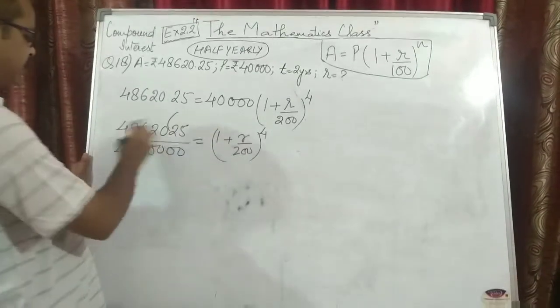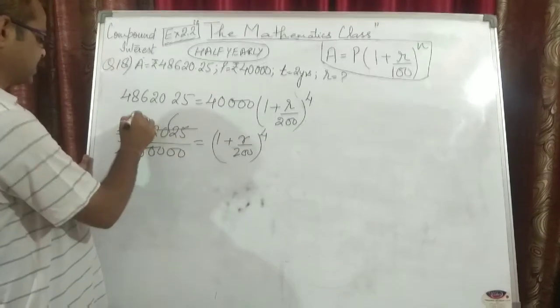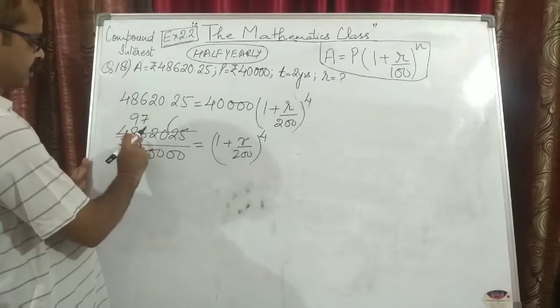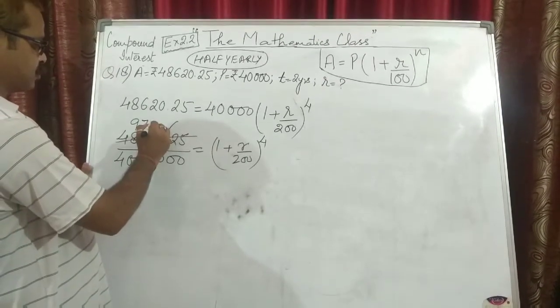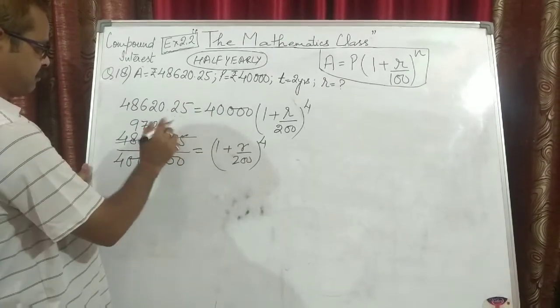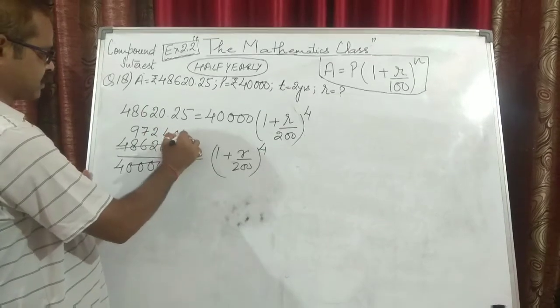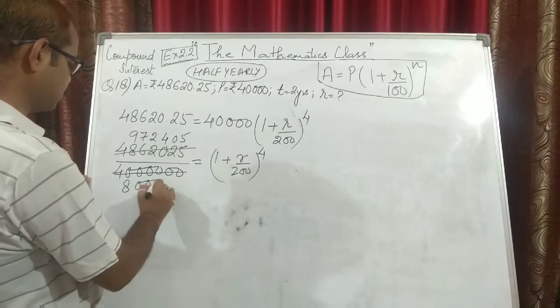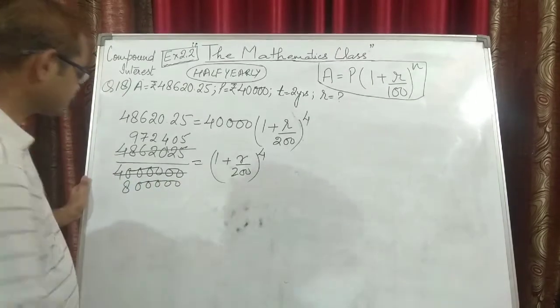Now divide by 5, 5 9s are 45, 36, 5 7s are 35, 12, 5 2s are 10, 5 4s are 20, 5 5s are 25, 5 8s are 40.